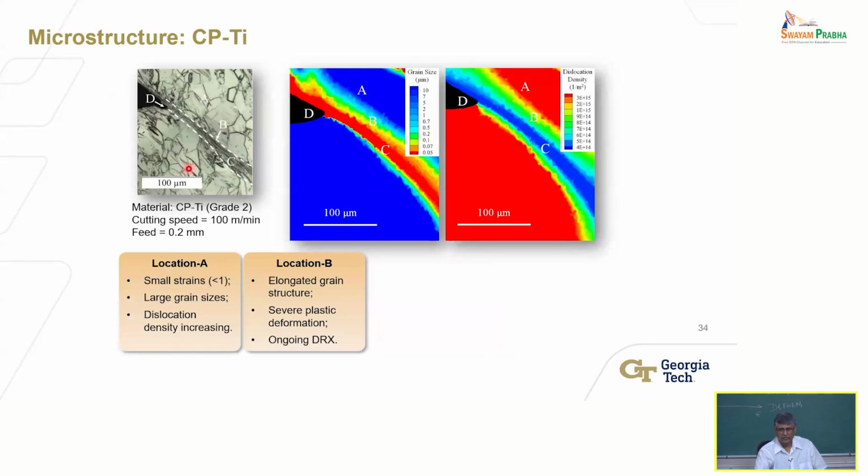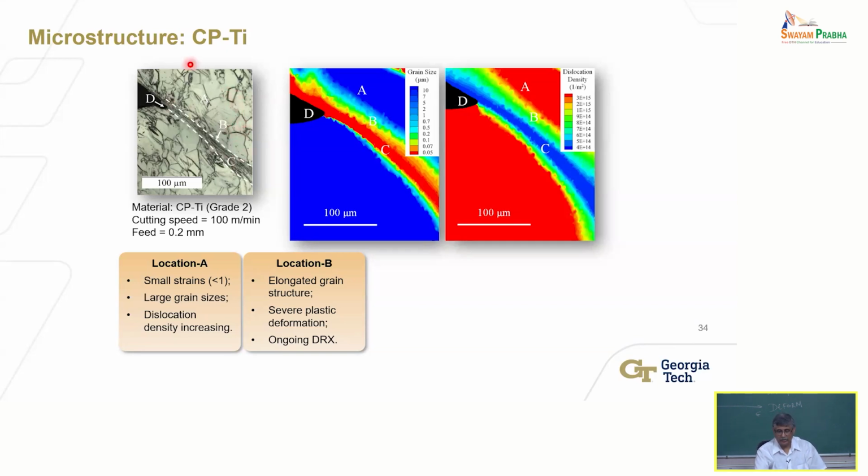So this region that you see here, this is a scanning electron microscope. It's not an optical microscope image, but you can see the grains here. So it's almost as if this material didn't undergo any deformation. This is the original. This is in the chip. The chip means it's already cut, but nothing happened to these grains. It wasn't sheared.